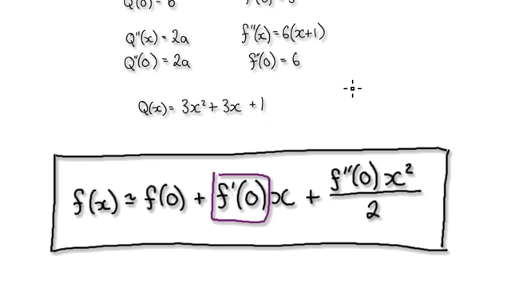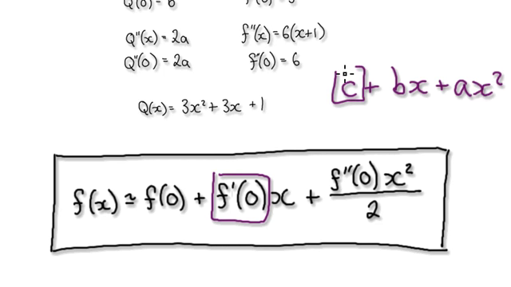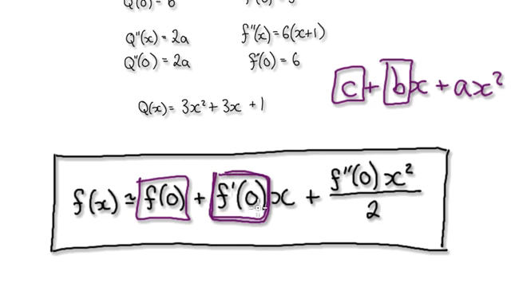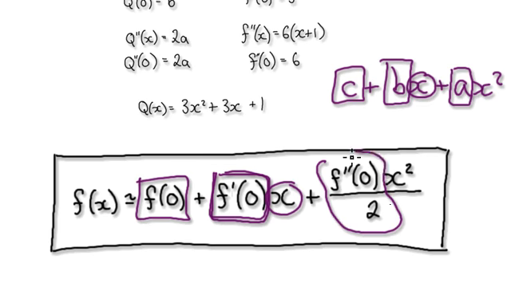And don't forget, it's always in the form of bx and then plus ax squared here. So this here is our c. B here is just f prime at 0. And don't forget the x. You stick the x in here, and then this thing here is really this bit here.